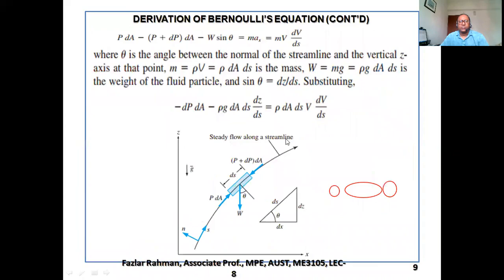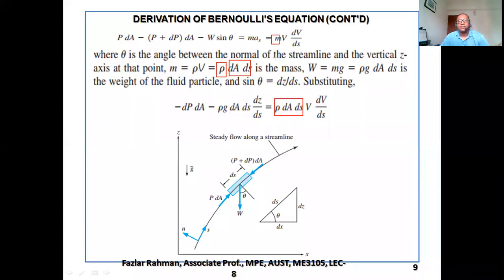So if we look in the next slide, right over here, we again mention what m equals: rho into volume. So rho is the density, volume is dA into ds. That will be, you see, the mass on the right side of the equation.